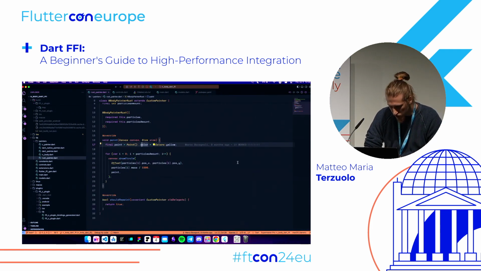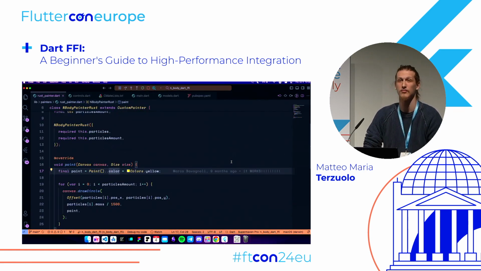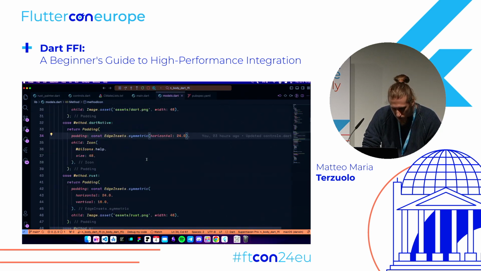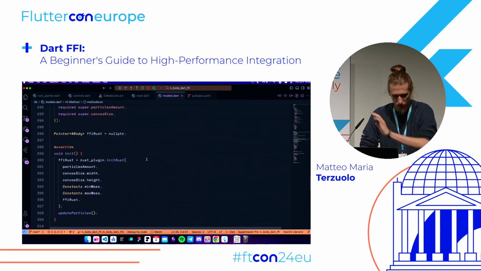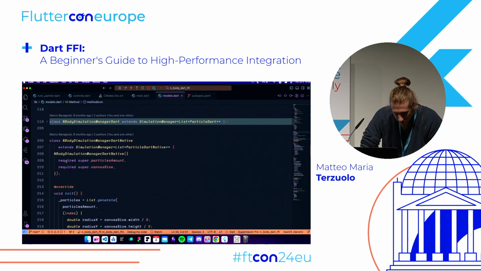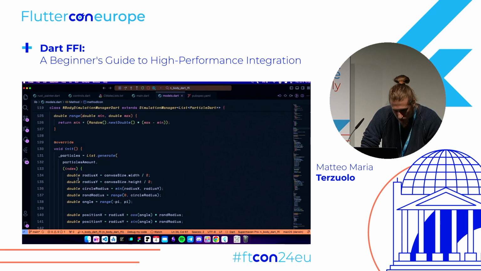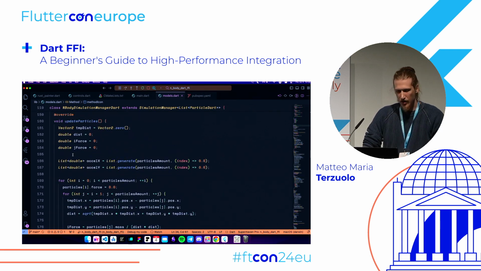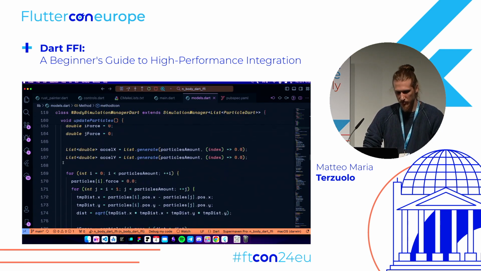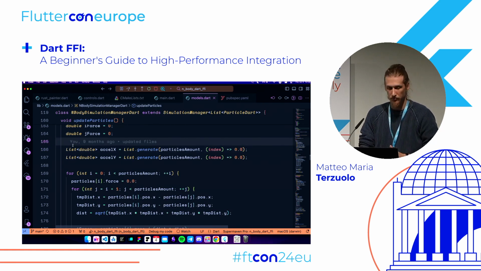I'll try to zoom. Okay, can you read it? Yeah, kind of, perfect. Okay, so don't look at the code, it's terrible. But as you can see here, I have 2 lists of double for the acceleration of the particles, okay?